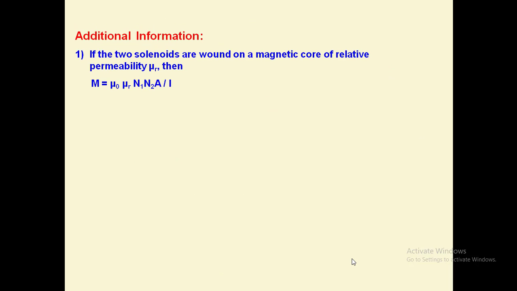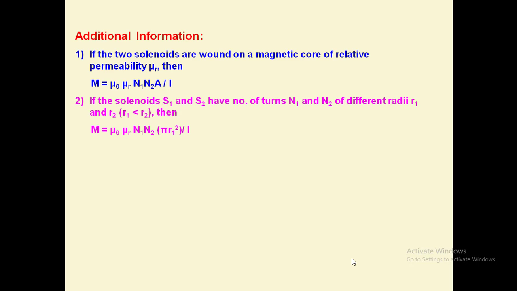Additional information. If the two solenoids are wound on a magnetic core of relative permeability mu r, then M equals mu naught mu r N1 N2 A by L. If the solenoids S1 and S2 have numbers of turns N1 and N2 and different radii, that means the radius of the first solenoid is different from the radius of the second solenoid.